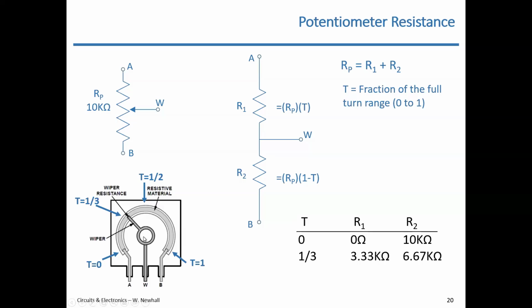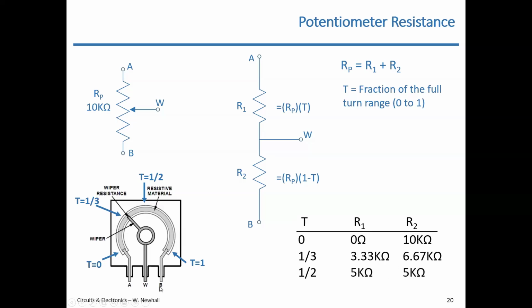If I turn to the 1/3 position, sort of like it's drawn here, then 1/3 of that material, 1/3 of 10K would be between A and W. I have 3.3K ohms. The remainder of that material between B and W, 6.7K ohms. Okay.